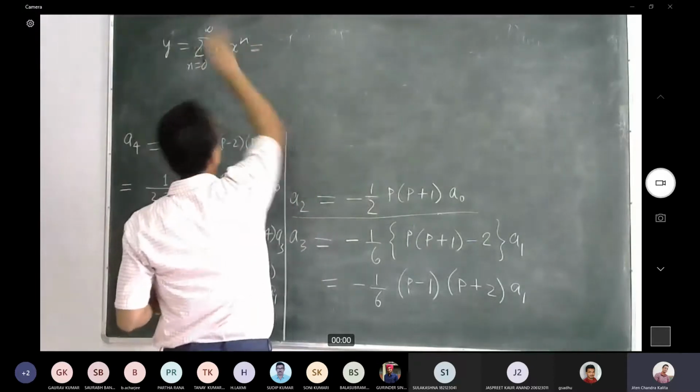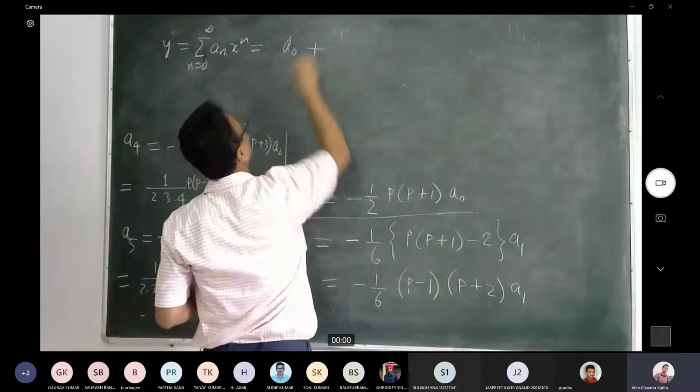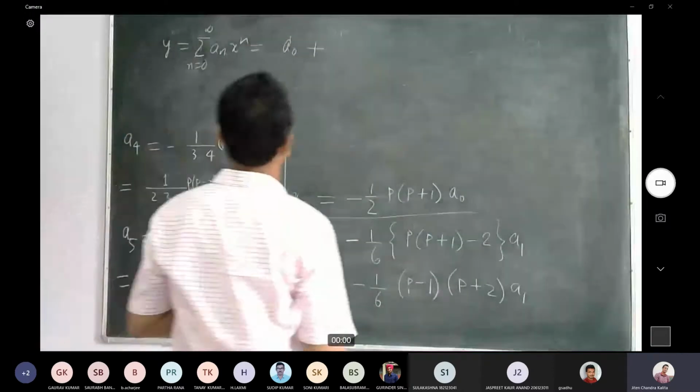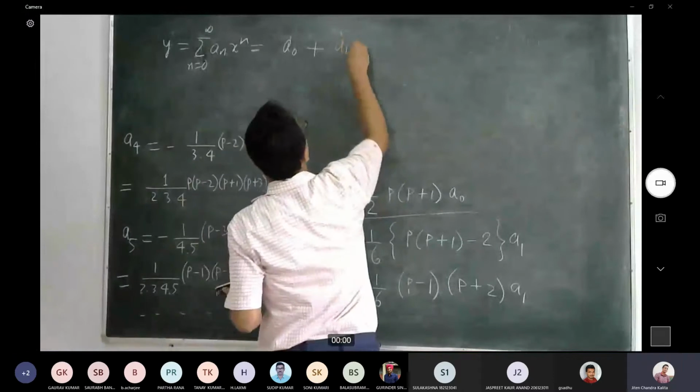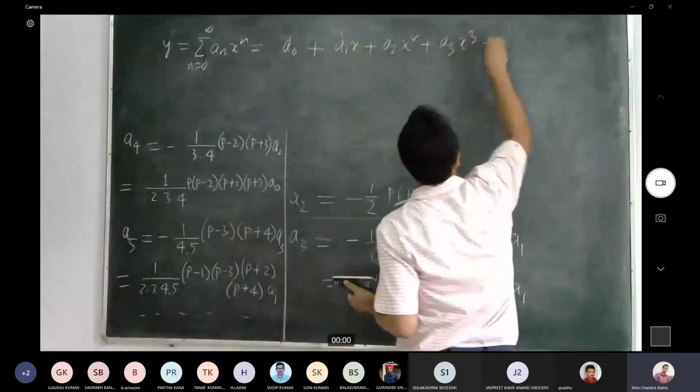Okay, and this is for the first time I am doing it. Later on I am going to substitute everything, curtailing some mistakes. So say this is a1x, a2x squared, a3x cubed, and so on.